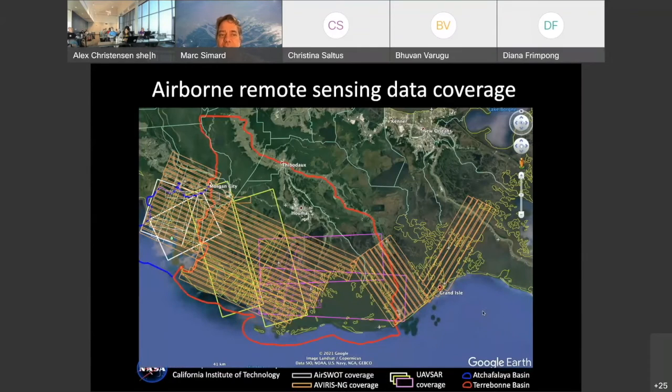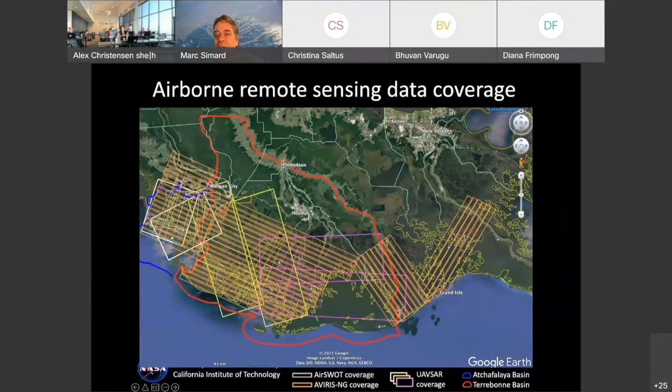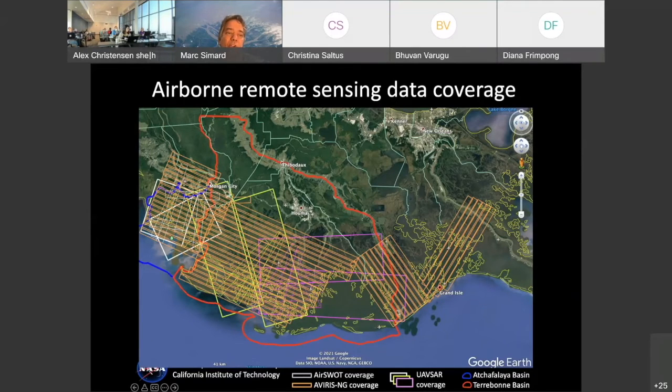So this is the coverage from these different sensors. The small orange rectangles, the thin ones, are the AVIRIS-NG lines, which cover most of the area that you're seeing here. So Delta X covers two basins within the Mississippi River Delta, the Atchafalaya Basin and the Terrebonne Basin. The larger rectangles, the white, yellow, and pink ones, are from UAVSAR.